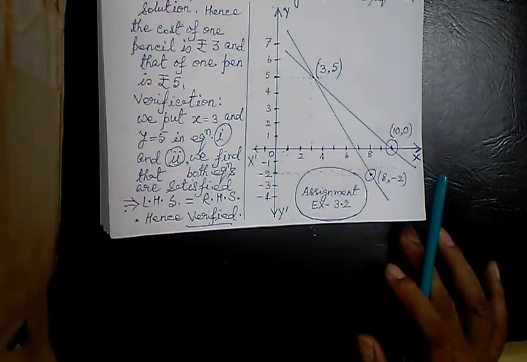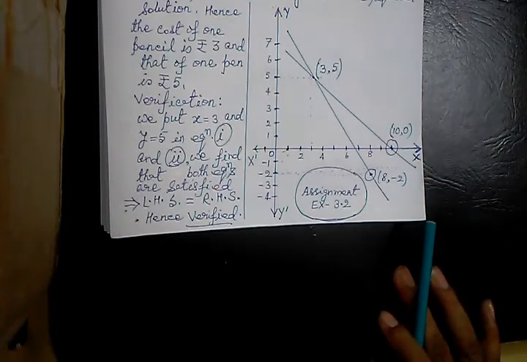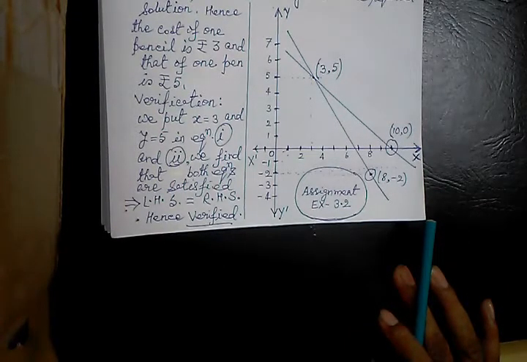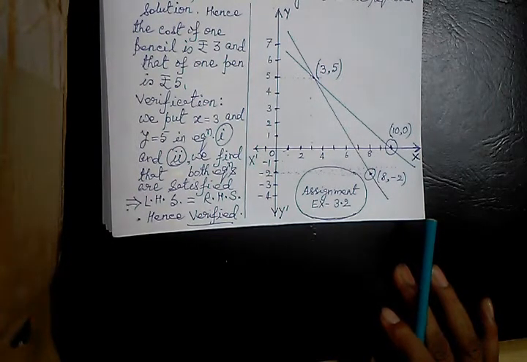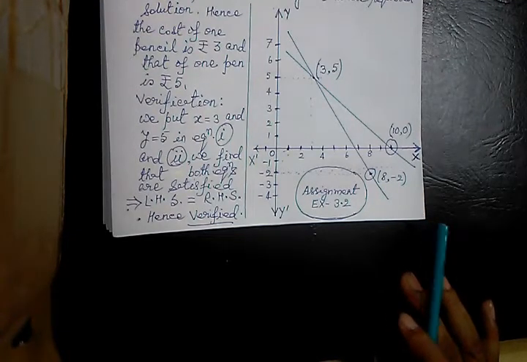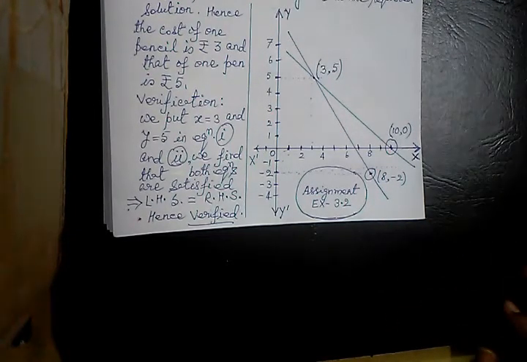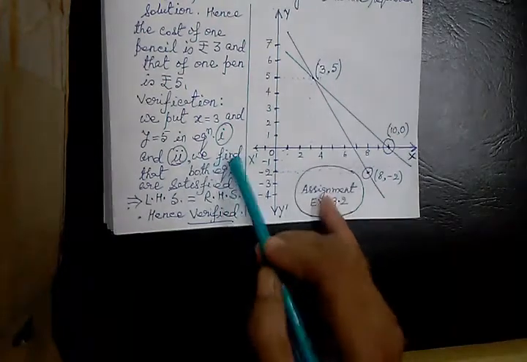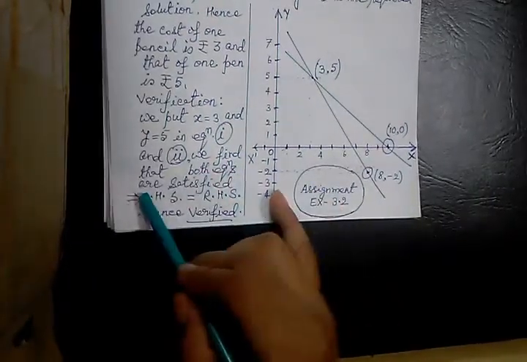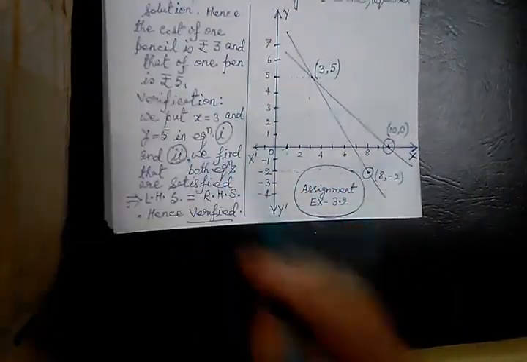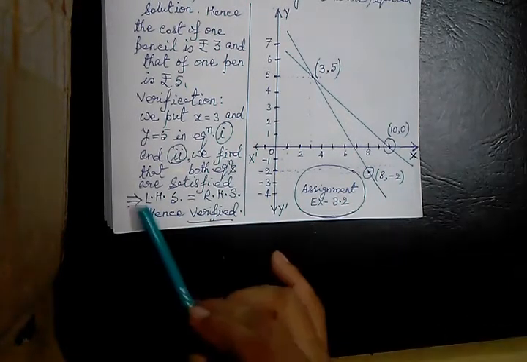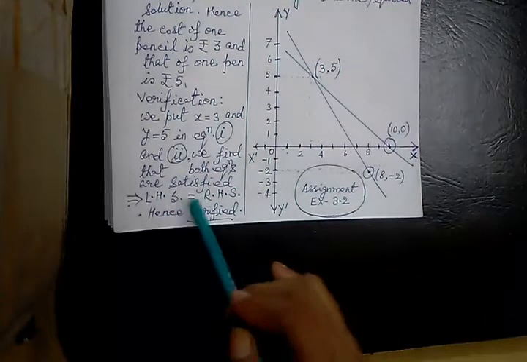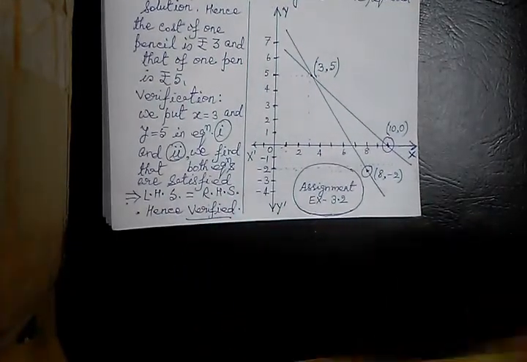You will see that in equation number 1, LHS equals RHS, and with the same values in equation number 2, again LHS equals RHS, which proves that your answer is correct, means verified. So we find that both equations are satisfied with the values rupees 3 and rupees 5. This implies LHS equal to RHS, hence verified.